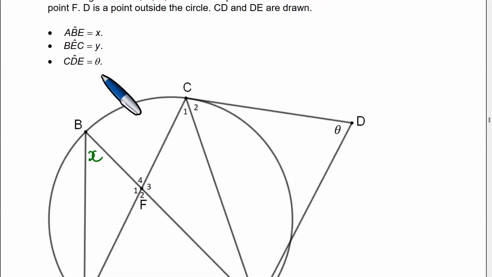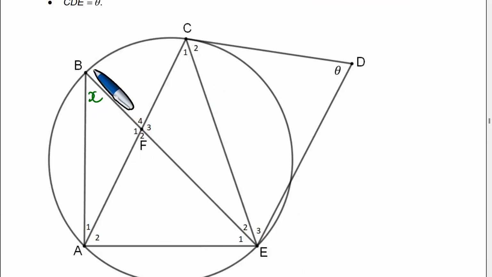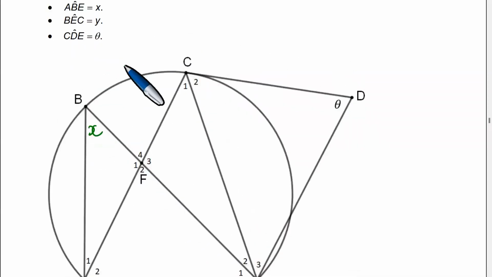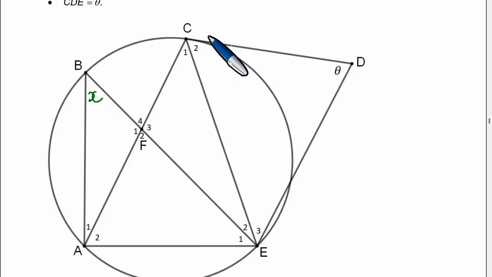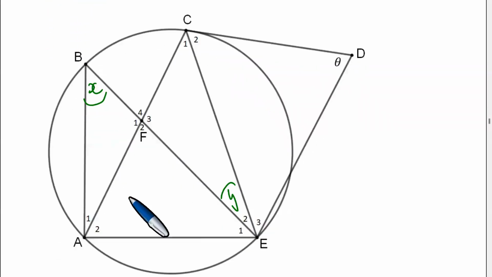Then we have BEC. BEC is Y. And CDE is theta.